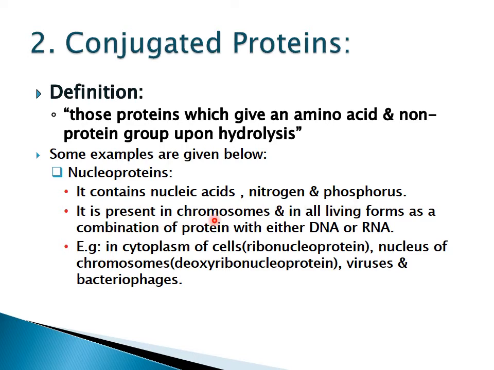It is present in chromosomes and in all living forms as a combination of proteins with either DNA or RNA. For example, in cytoplasm of cell, ribonucleoprotein, in the nucleus of chromosomes, deoxyribonucleoprotein, and in viruses and bacteria.